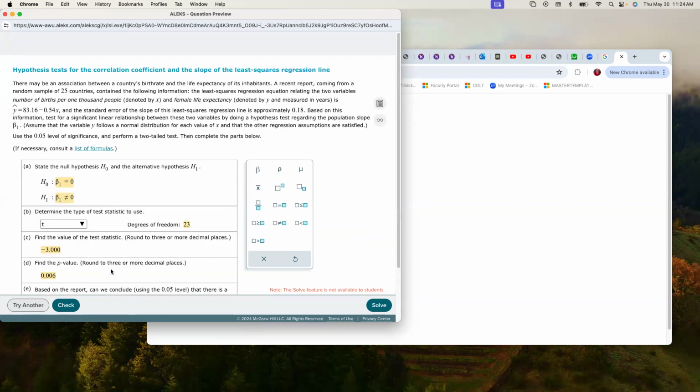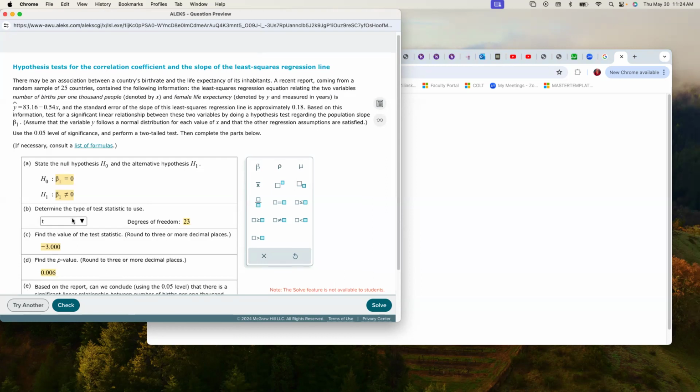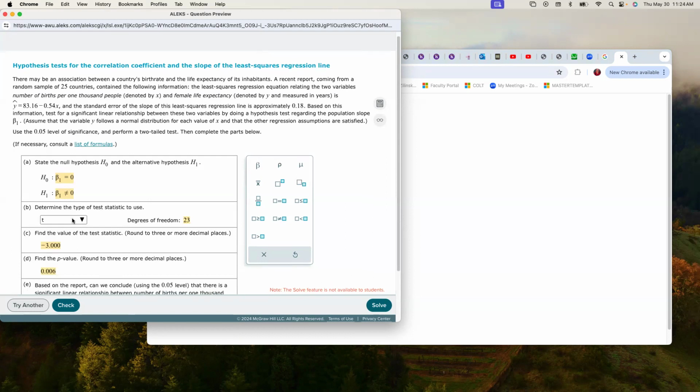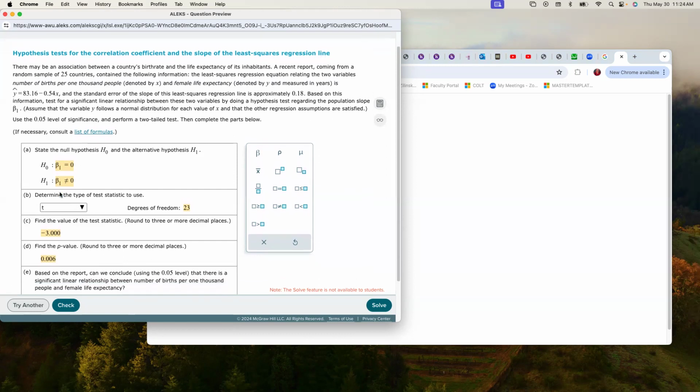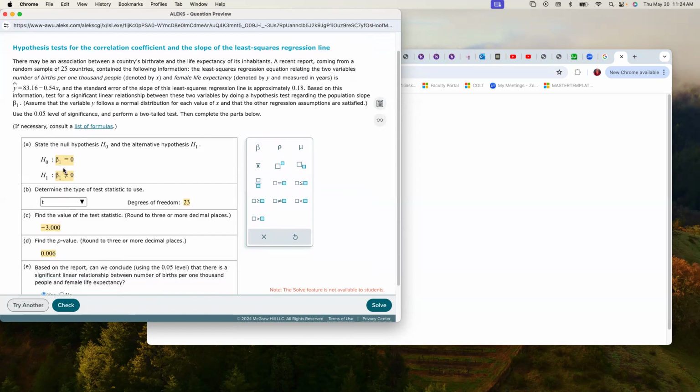I'll be back with a video for the hypothesis test for the correlation coefficient. Just to preview that, it's also a t-test, and the t-statistic turns out to be exactly the same. If we had our null and alternative in terms of rho, that Greek letter rho corresponds with our letter r, or the correlation coefficient, and everything would be identical in this problem with the exception of the hypotheses.